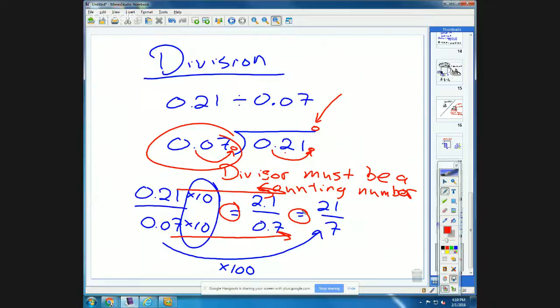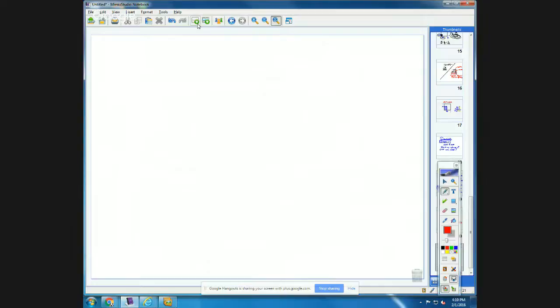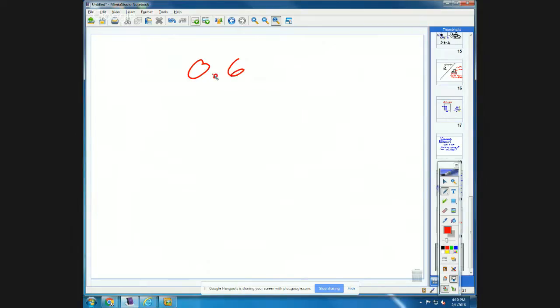That's why when we divide with decimals, it doesn't matter what the dividend is. The divisor is important. We adjust it first. So even if I was doing a problem like 0.6 going into 1.236, all that matters is that I make the divisor a whole number.